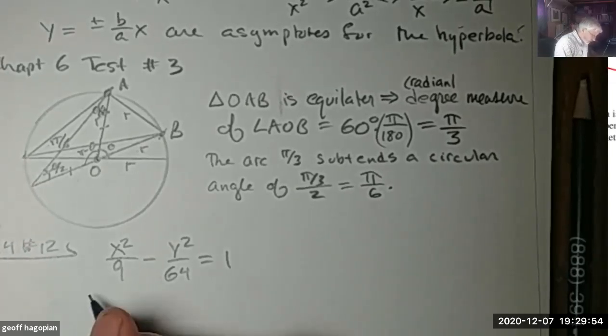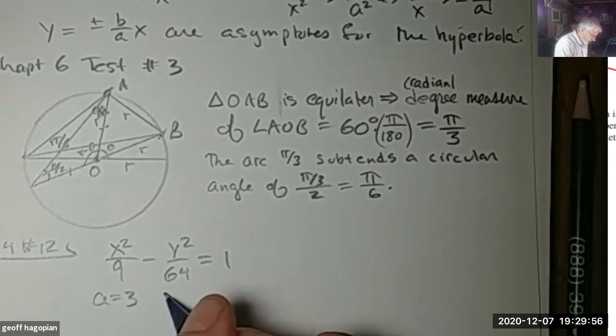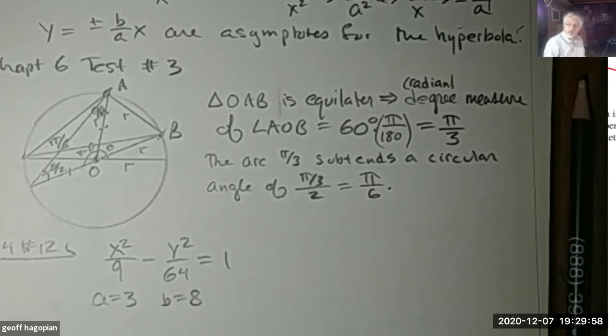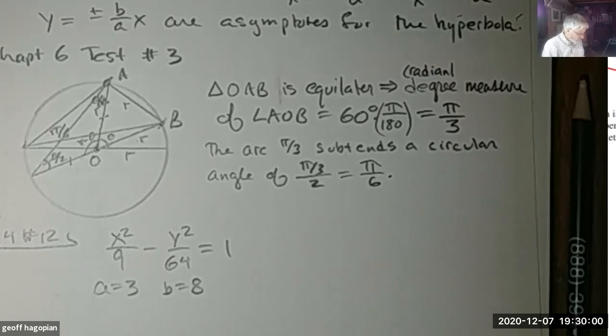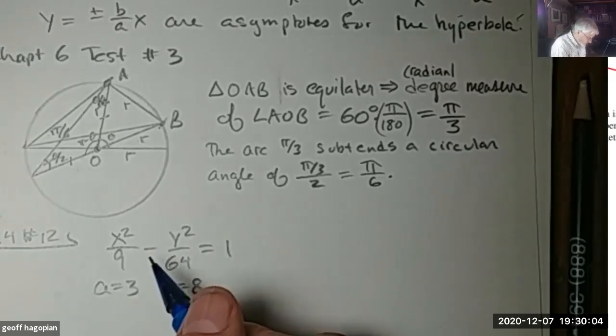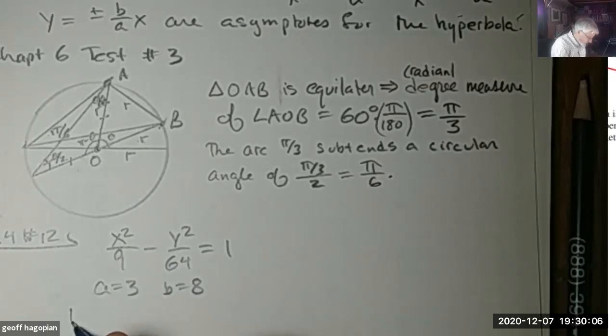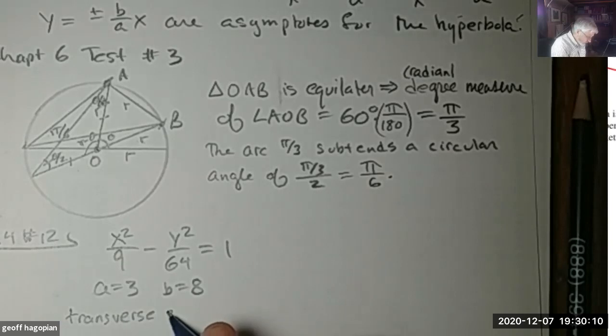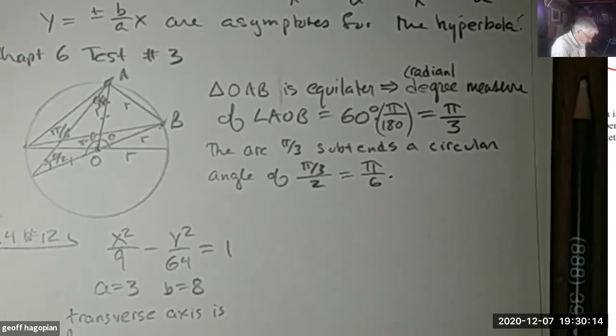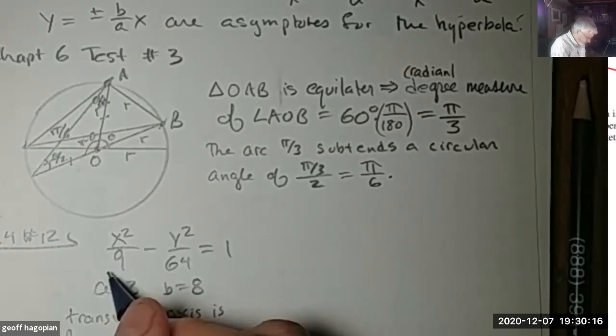And so a is equal to 3 and b is equal to 8, right? We can just pick that out from the equation. And the transverse axis is, so we're on the x-axis, right?